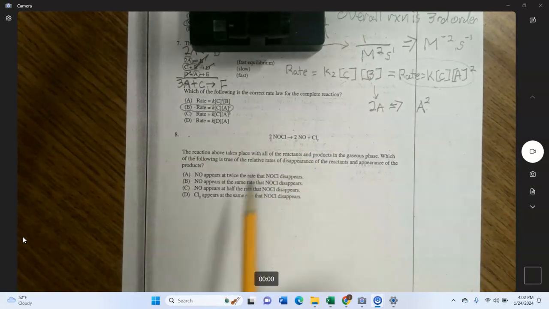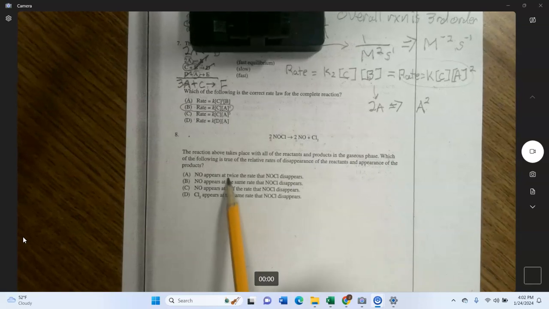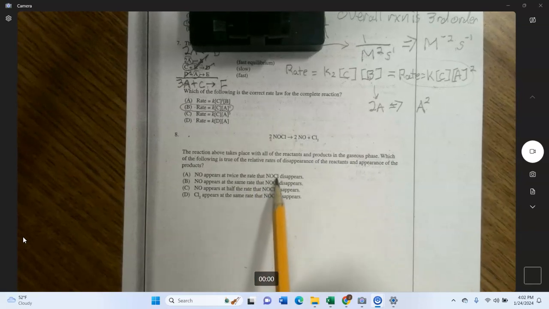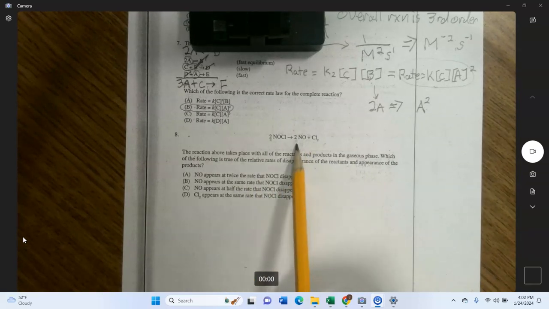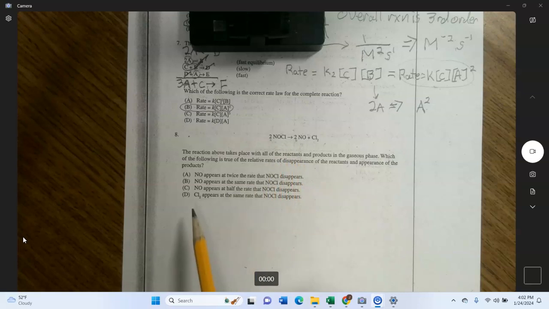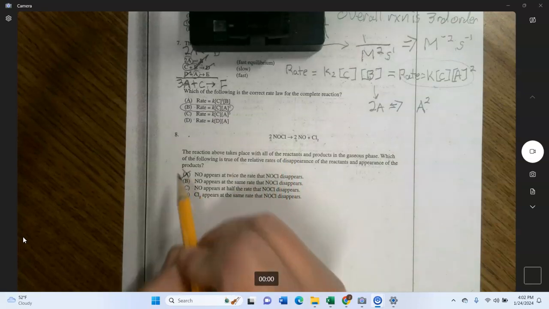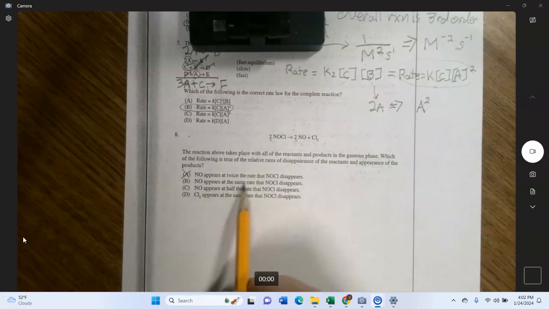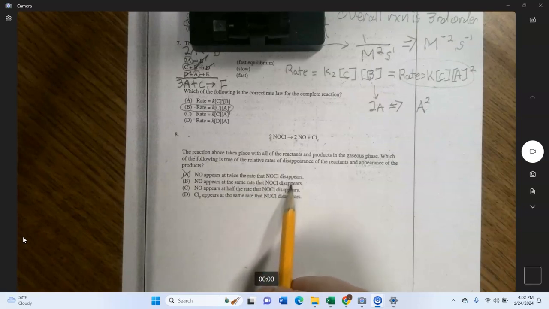All right, so let's read which of these. NO appears at twice the rate that NOCl disappears. No, it doesn't. It appears at the same rate. You're going to end up with, after 1 minute, 2 moles of this, if 2 moles of this disappears. So that's wrong.